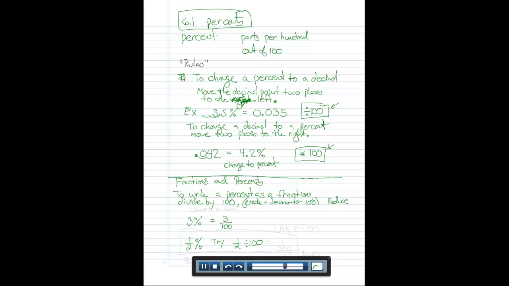On my calculator, I could do it with the fraction key. 0.5% divided by 100. See how I typed that in? 1 fraction 2 divided by 100. It's telling me 1/200.